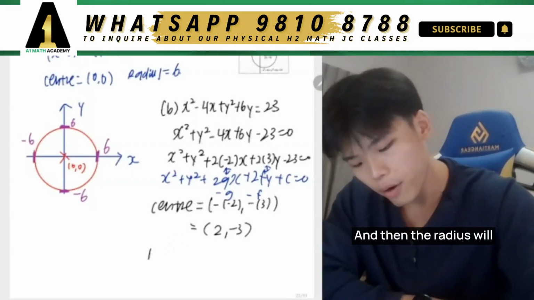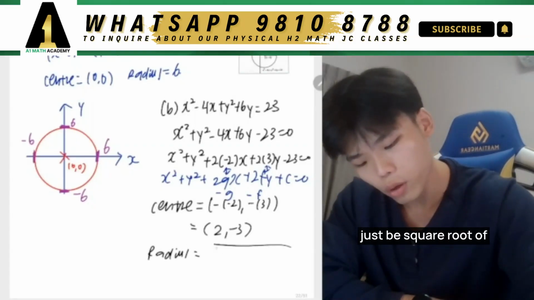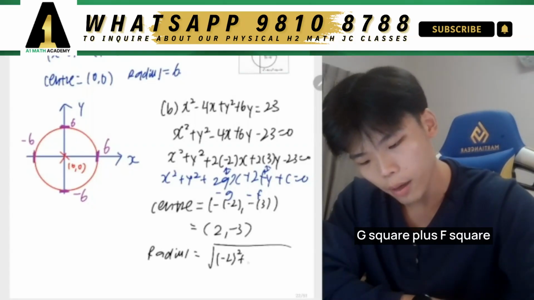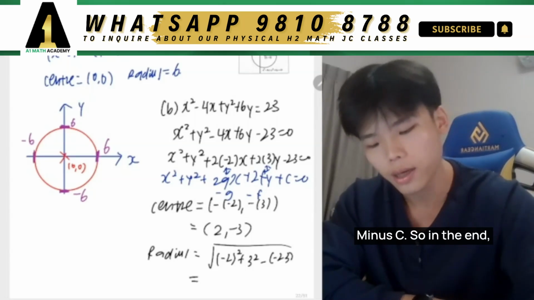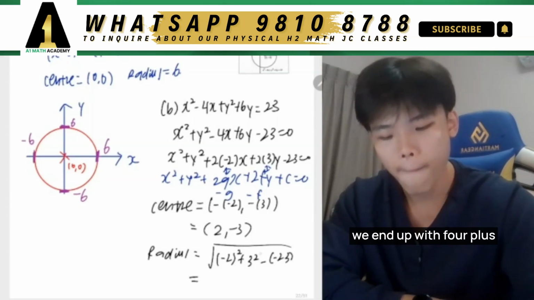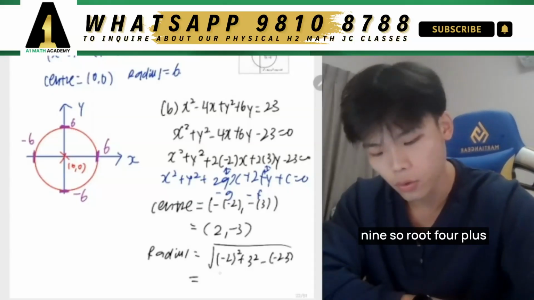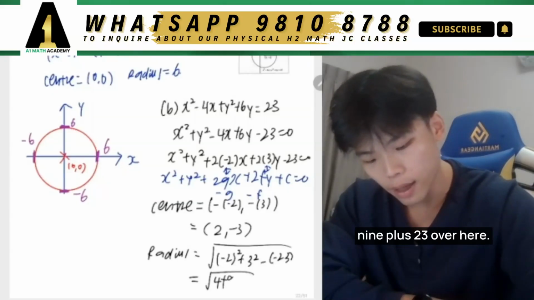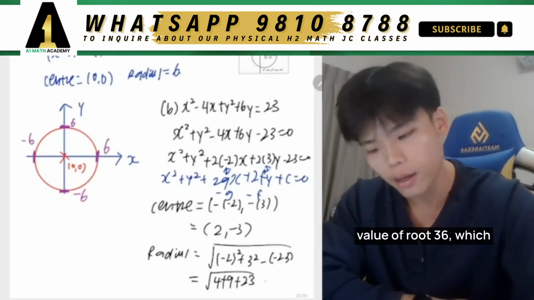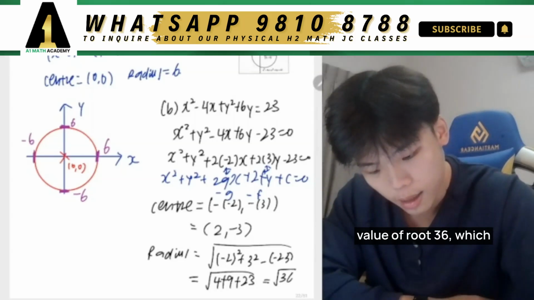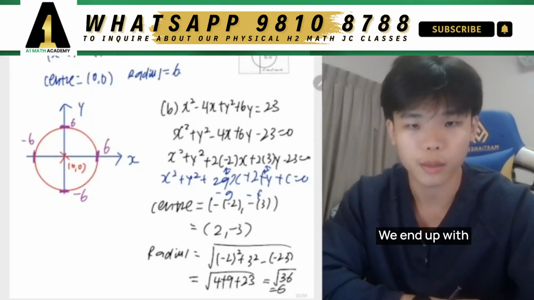The radius will just be the square root of g² + f² − c, so we end up with the root of 4 + 9 + 23. If we tabulate everything, we end up with the root of 36, which gives us 6 again.